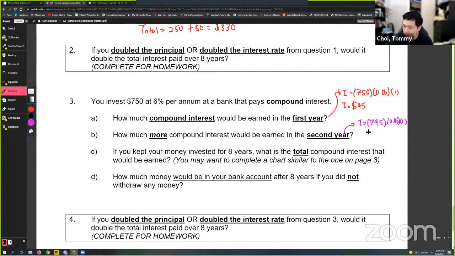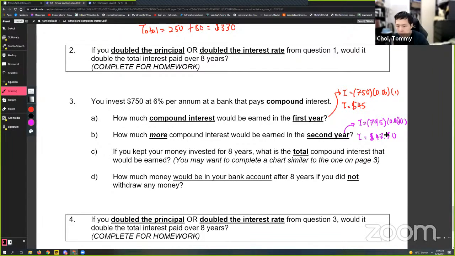And then 6% of that gives us 47.70. So how much more compound interest is earned? Around $2.70. We're getting a little more interest as a result.